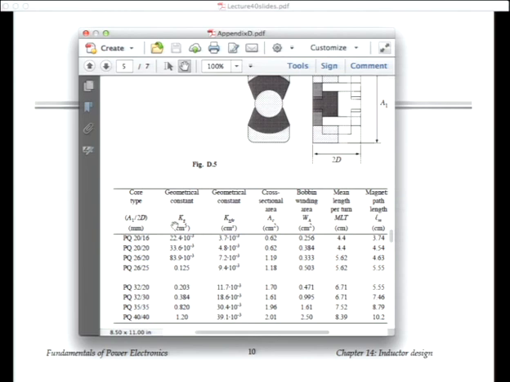This second column is a tabulation of the geometrical constant for all of these cores. And so you evaluate the right-hand side of the equation, see how big this K sub G needs to be, go down the list and pick the smallest core that will work. Okay? And once you've done that, then we know what our core is, and we know the values of the area and the window area and the mean length per turn. And so then we can go plug in to find the other three unknowns once we've done that.